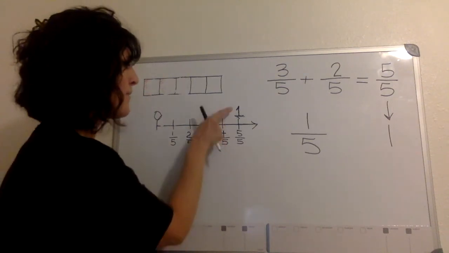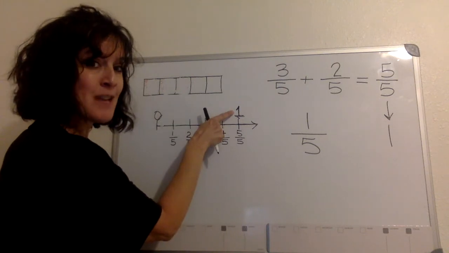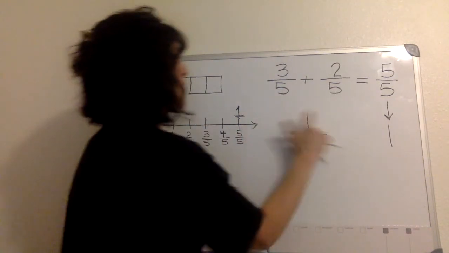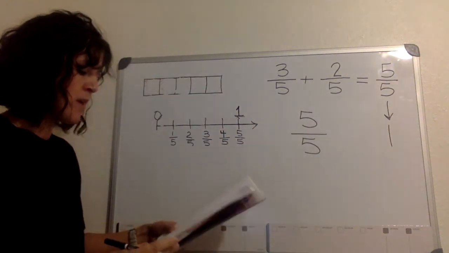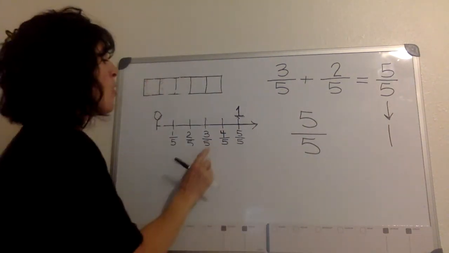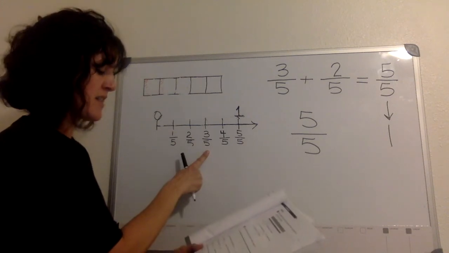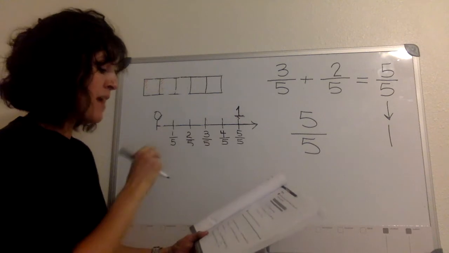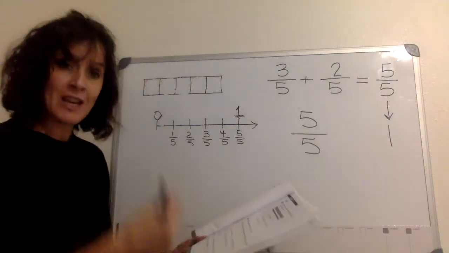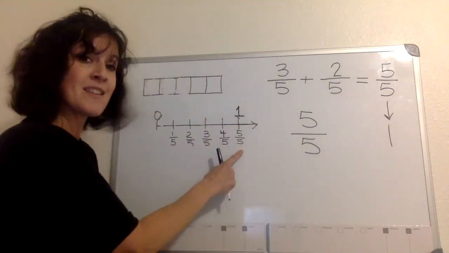What is another name for 1? We said in our number line right here, it's 5/5. Okay? So we want to know which number we started at, and that if we add 2 equal increments, we will get to 5/5.